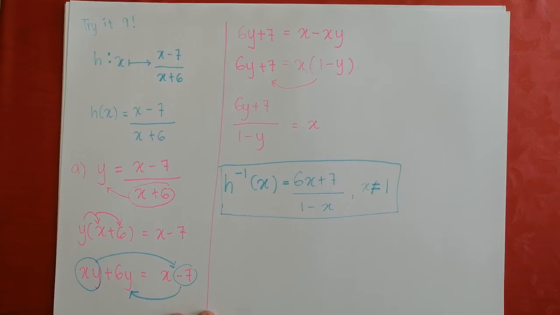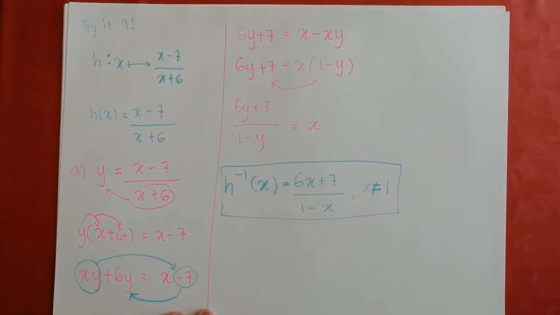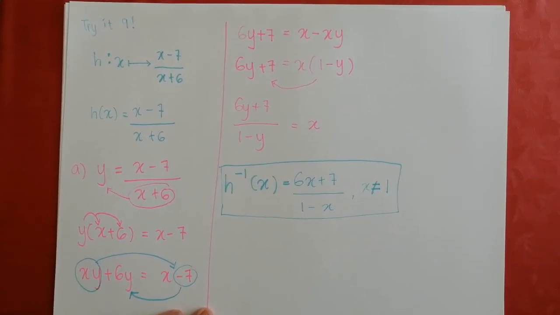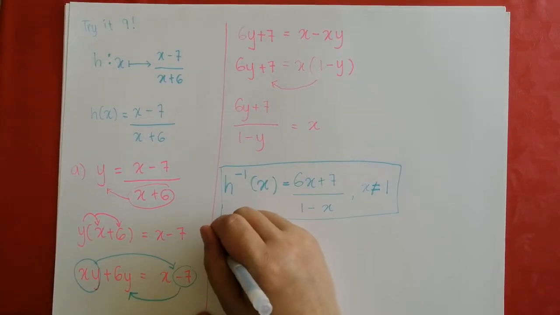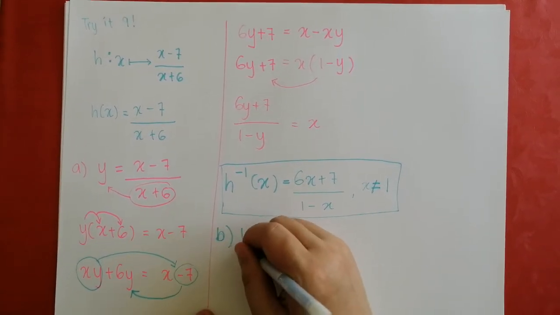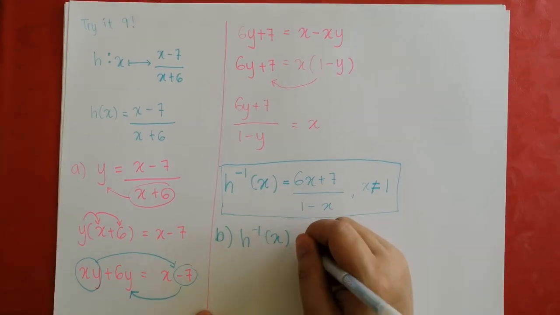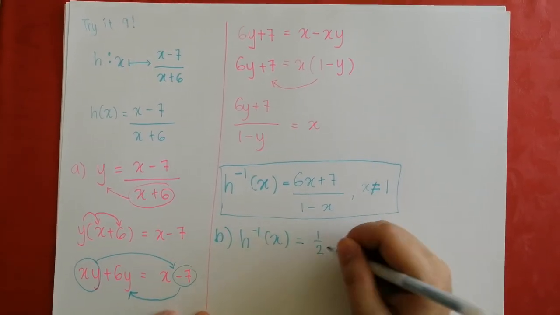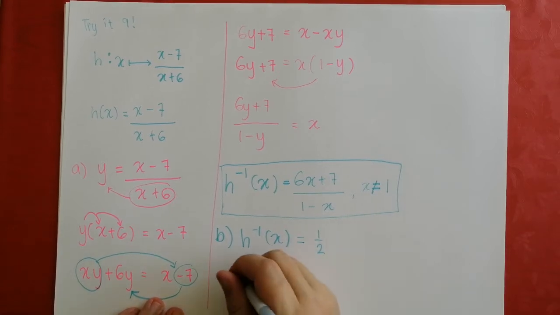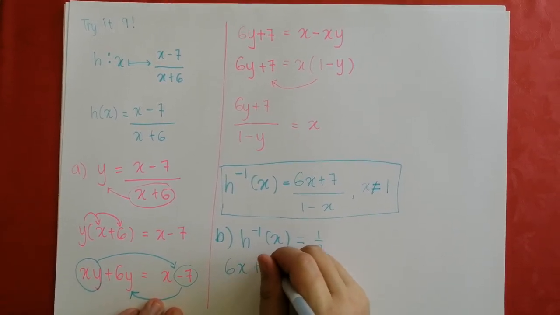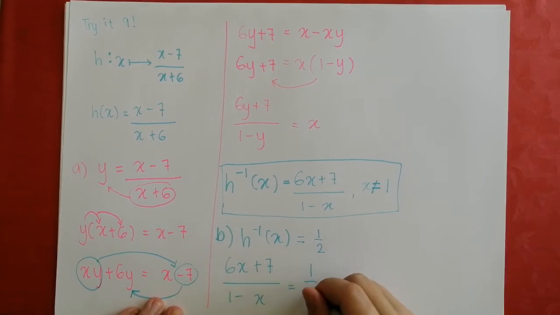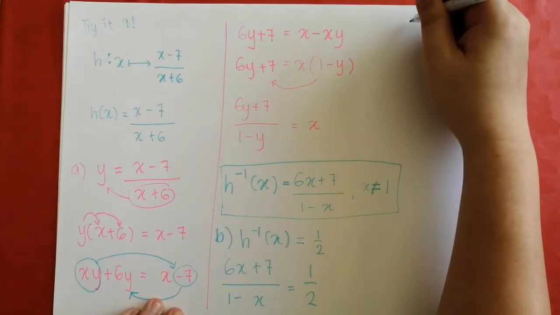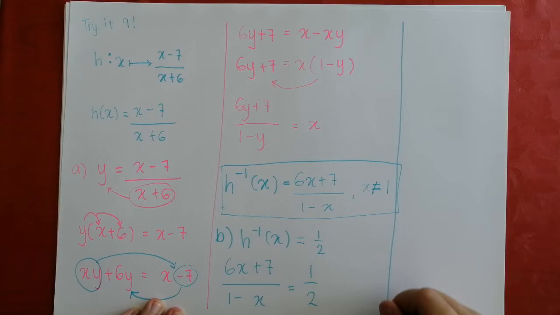Alright, then part B now, we need to solve h inverse of x equals half. So we found out that h inverse is actually 6x plus 7 over 1 minus x. That equals 1 over 2. And how are we going to solve that?